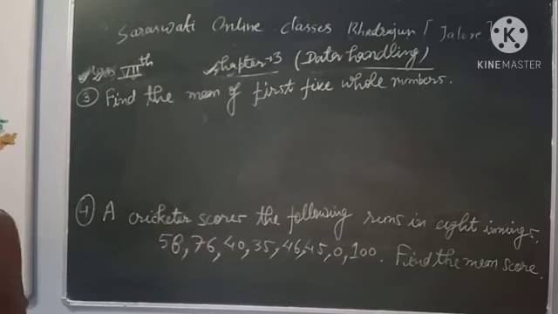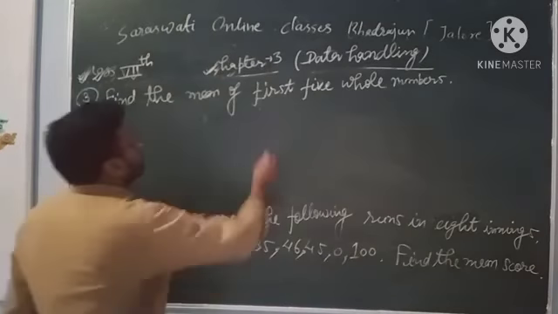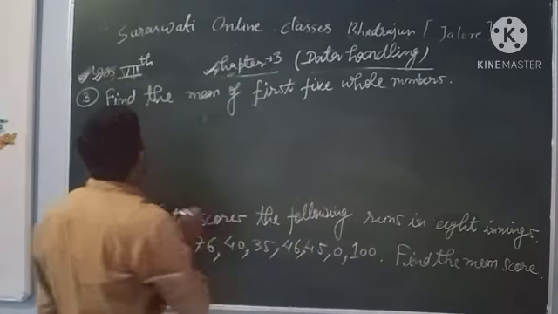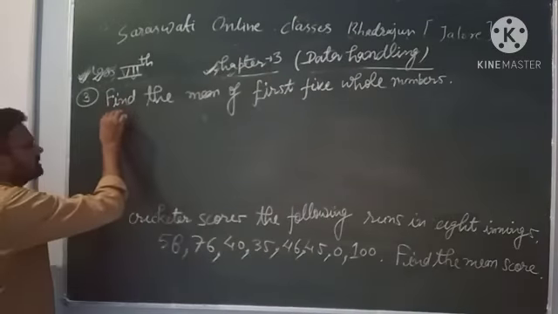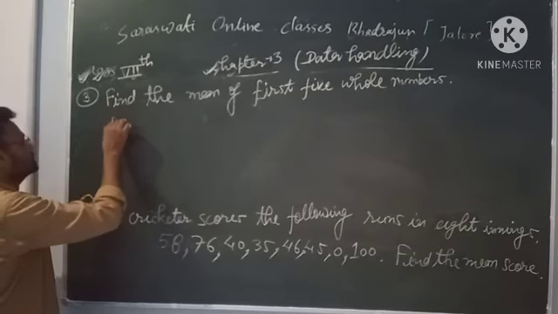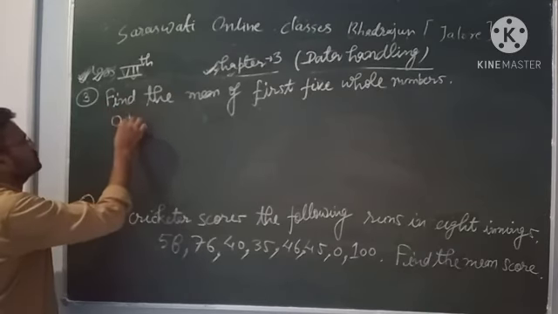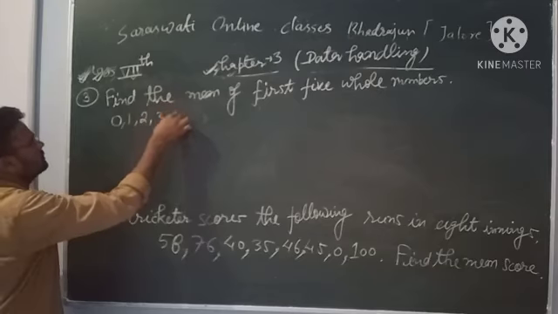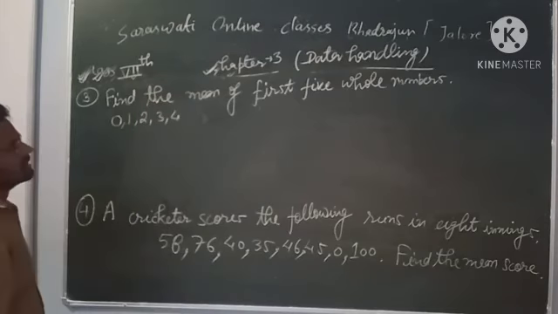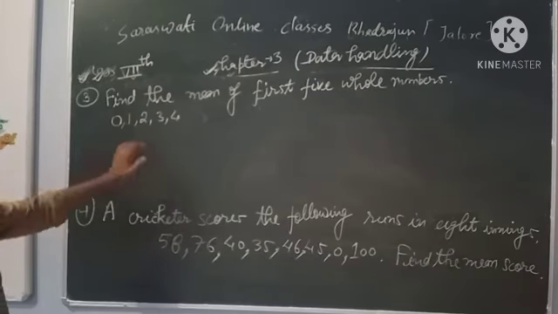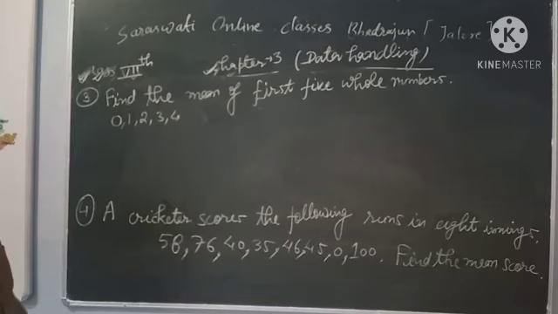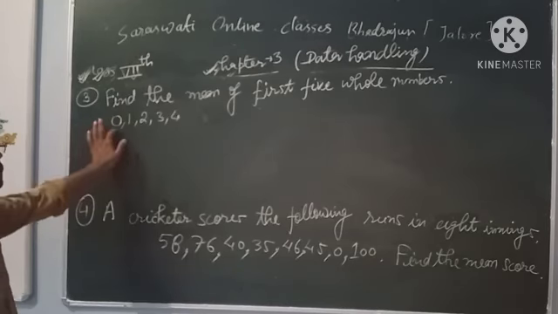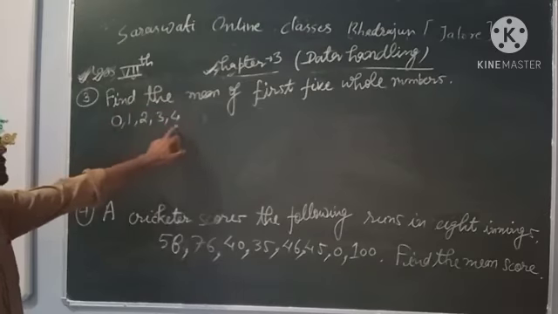We have to find out the mean of first 5 whole numbers. What are the first 5 whole numbers? Whole numbers start with 0, so the first 5 whole numbers are 0, 1, 2, 3 and 4.